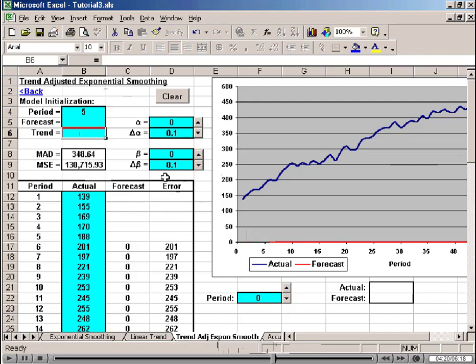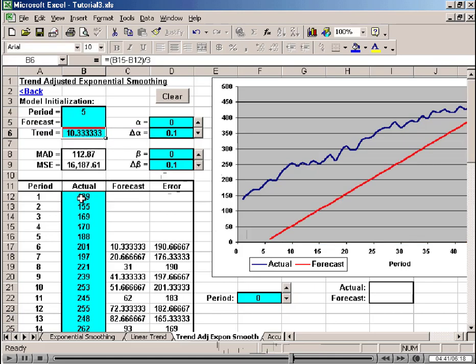First, we will compute the trend based on the first and the fourth period. From the first to the fourth period, the actual data grew from 139 to 170. So we will estimate the trend as being 170 minus 139 divided by 3 periods of change, yielding a trend of 10.33.